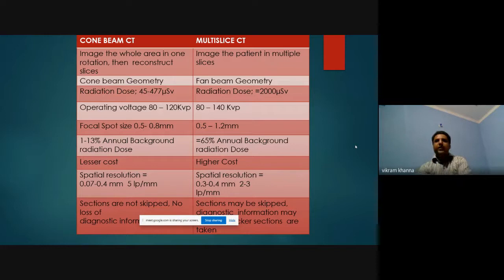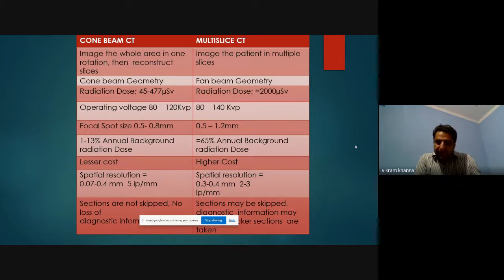So now, what are the differences between a cone beam CT and a multi-slice CT? Yes, there are differences. That's why cone beam CT has become a popular thing as compared to multi-slice CT as far as dentistry is concerned. Cone beam CT images the whole area in one rotation, then reconstructs the slices, whereas multi-slice images the patient in multiple slices.